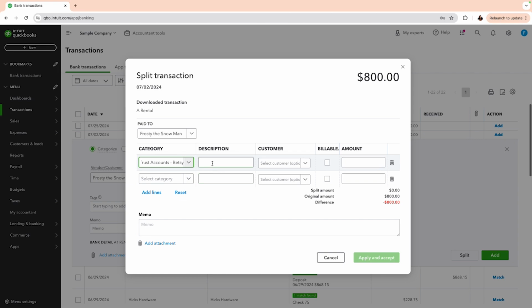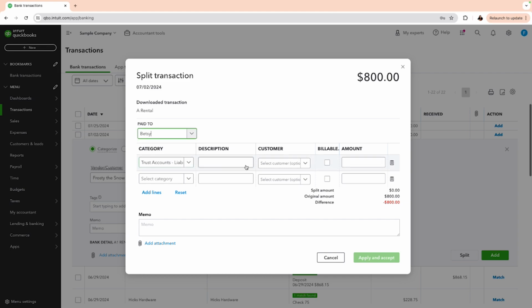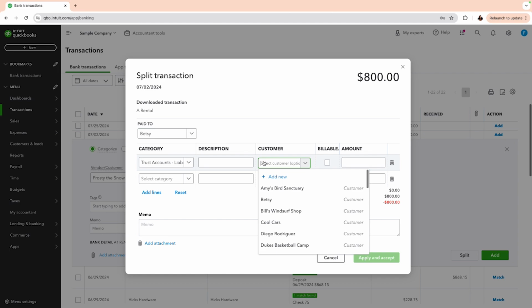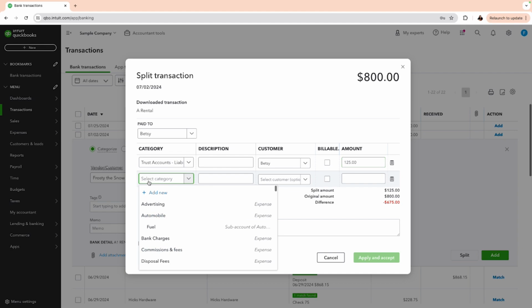Okay, and paid from Betsy, and that's $125.